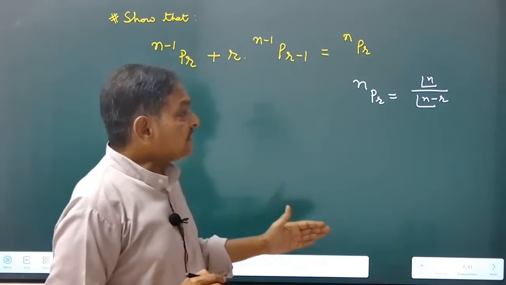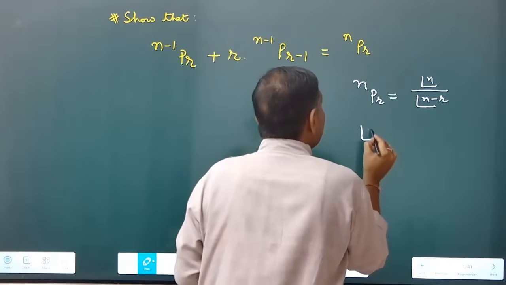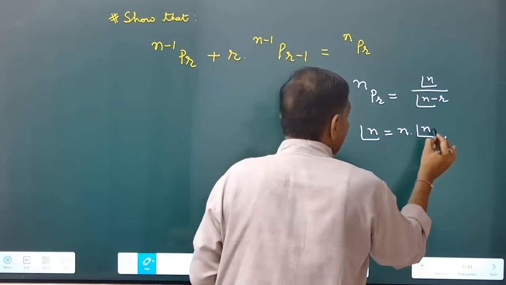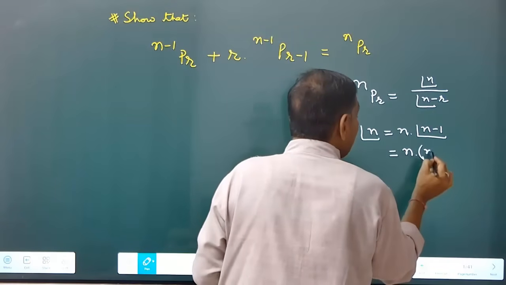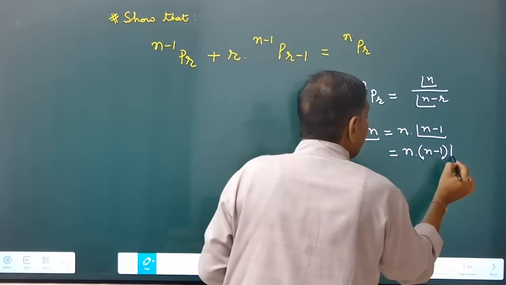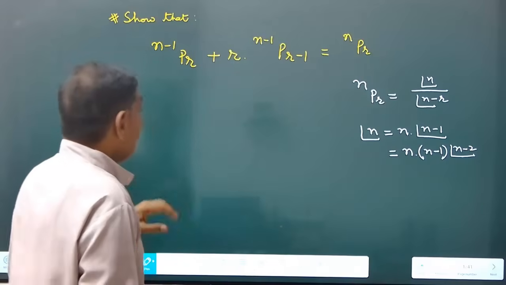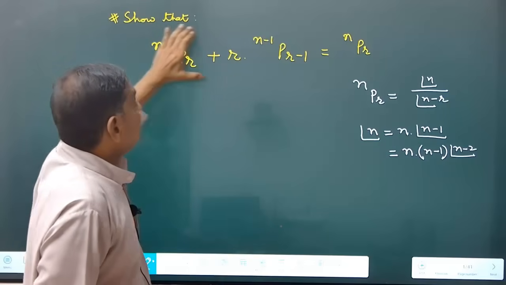We have also studied in our theory class that factorial n can be written as n into factorial n minus 1. This can also be written as n into n minus 1 into factorial n minus 2. And like that. So using these formulae, we will be solving this question.